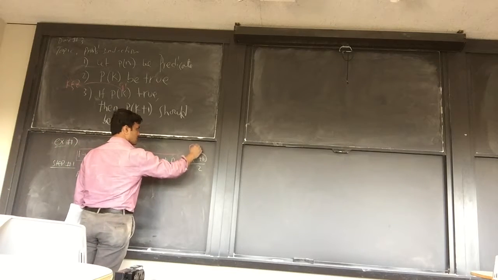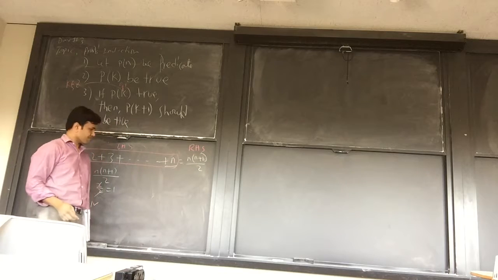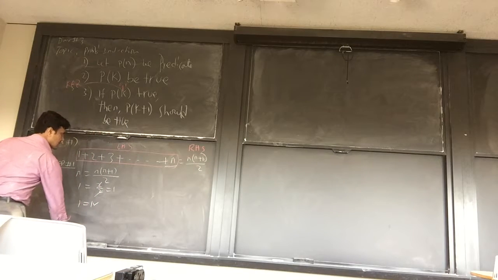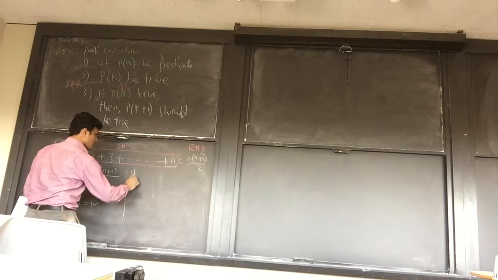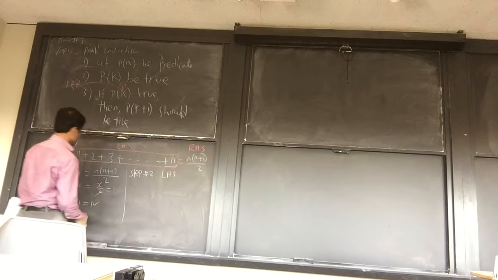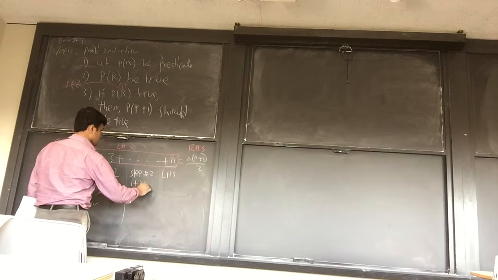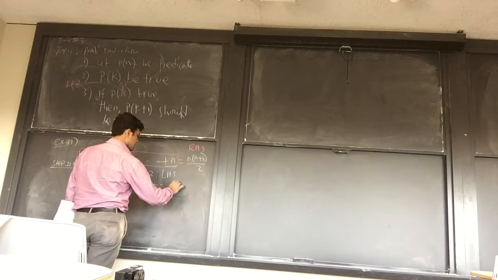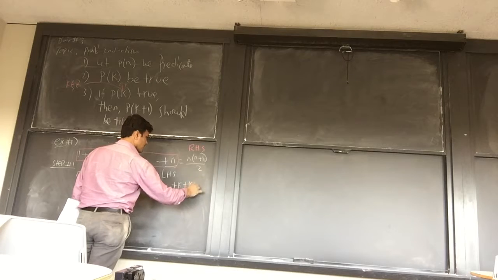This is our left hand side. This is our right hand side. Now, step 2, left hand side. So 1 plus 2 plus 3 plus ... plus k plus 1.